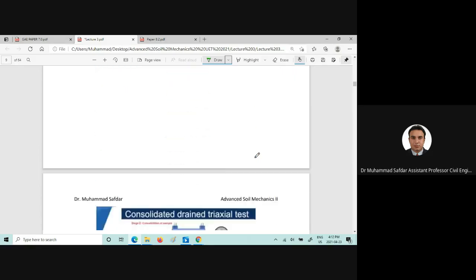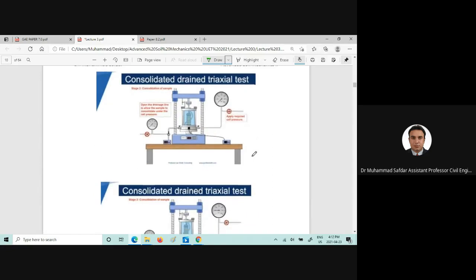Then we increase the confining pressure. If the B value is greater than 0.95, we are good, the sample is saturated, and we can move on with the consolidation stage.